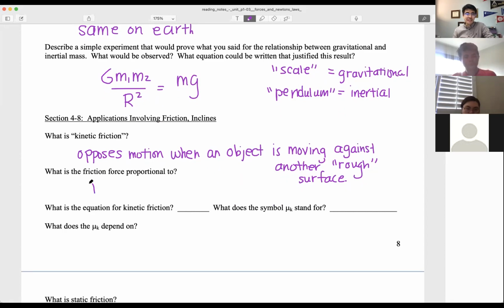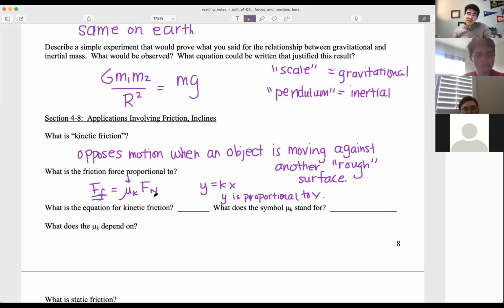FF is equal to mu K Fn. I'm sure you know that. Proportional to means, well, if I have the equation y is equal to kx, I can say here that y is proportional to x, assuming that k is not changing. So in this case, what is the frictional force proportional to? Well, this mu k is constant, so it's proportional to the normal force.